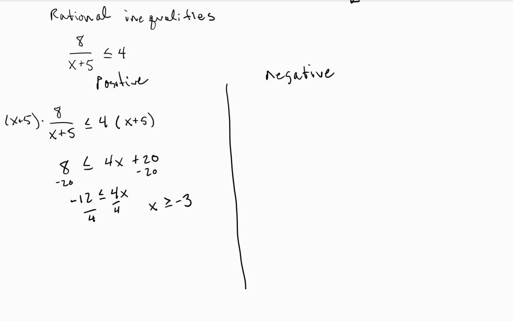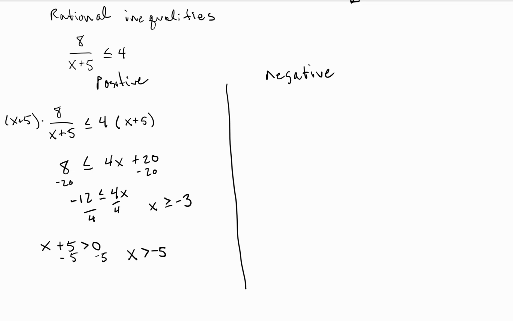Now, part two of this is, okay, my denominator is positive, so x plus 5 has to be greater than 0. If I subtract 5 from each side, I get x has to be greater than negative 5. Now, in order for this part to be true, it's got to satisfy both.